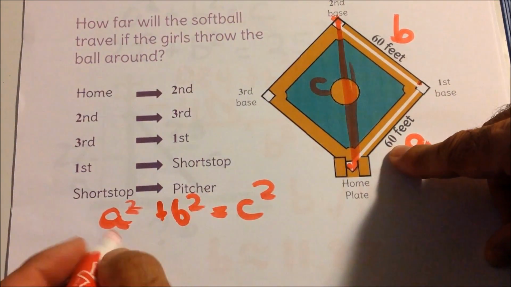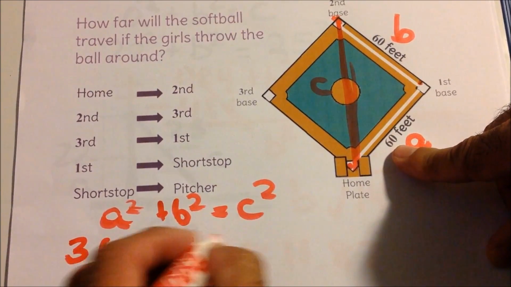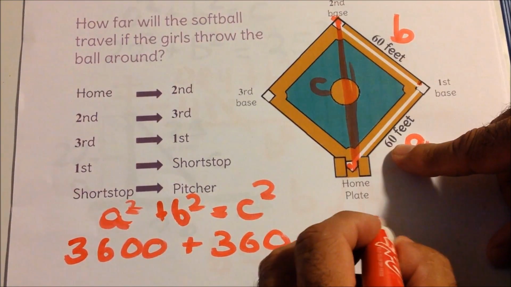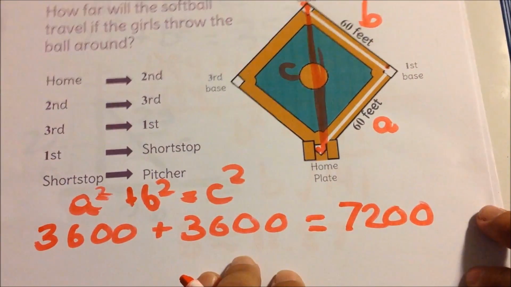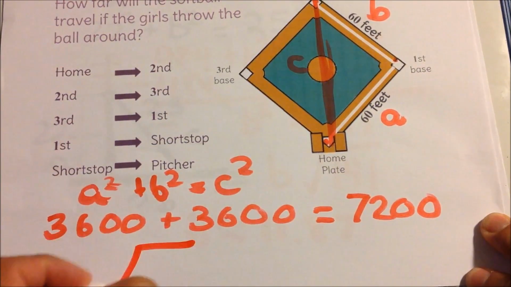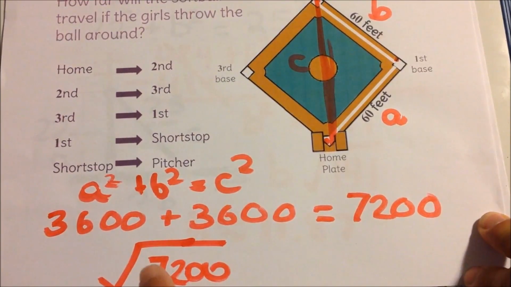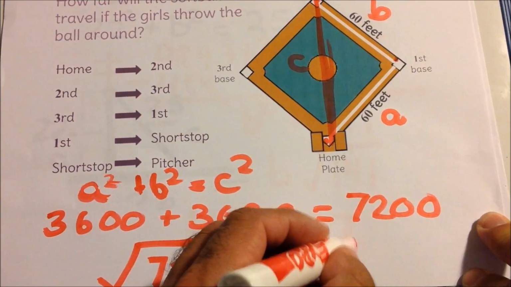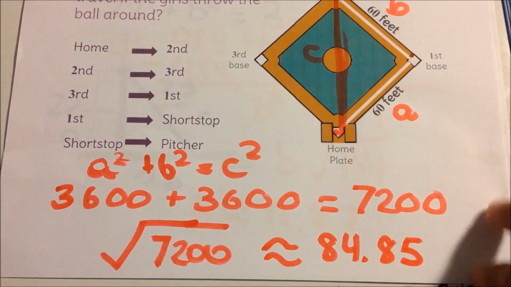But you know that 6 squared is 36, so 60 would be 3,600 plus 3,600, and that'll give us 7,200. That's what c squared is, 7,200. We don't want c squared. Remember, we want c, so the square root of 7,200 is our answer, which again will be roughly 84.885, roughly around that.